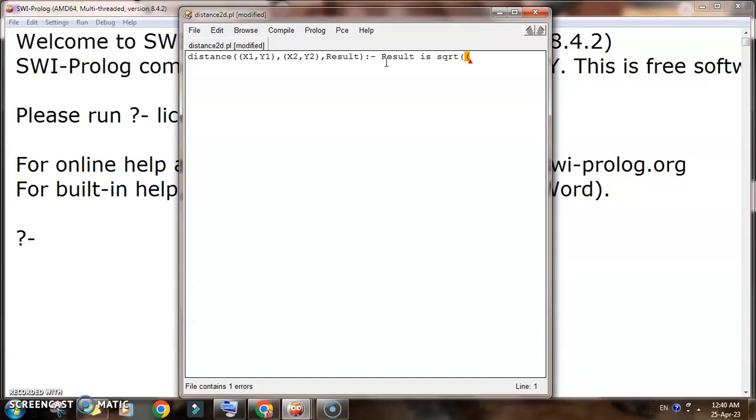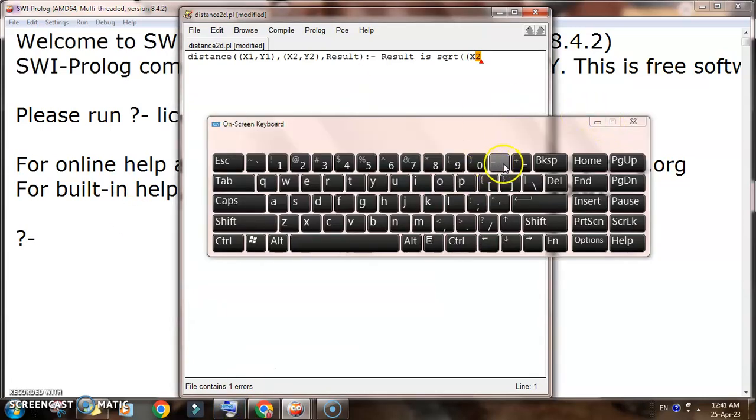And then inside the bracket X2 minus X1, capital X1 we will use. Okay, and then we have to take its square. And then plus, addition.